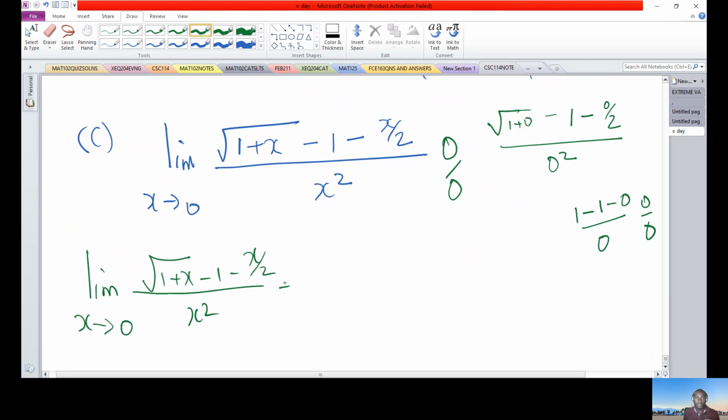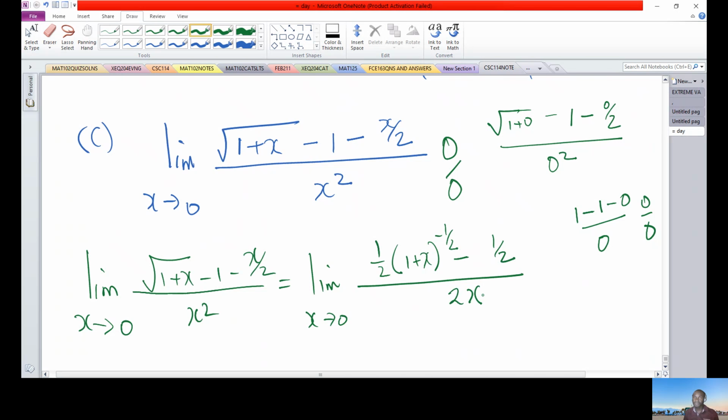So this will be the same as the limit as x approaches 0 of: when you differentiate the numerator, you get a half times (1 plus x) raised to the power negative a half, the constant term gives 0, and then minus a half, over 2x.